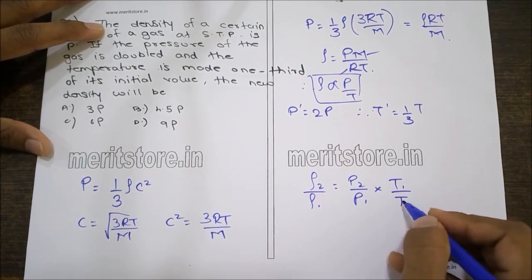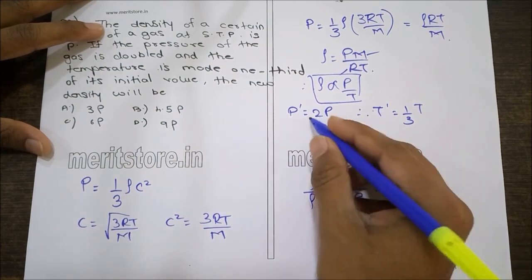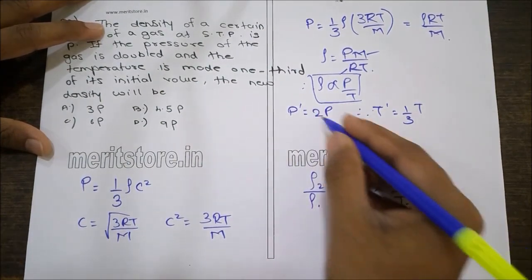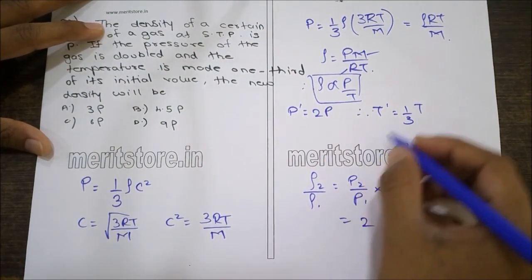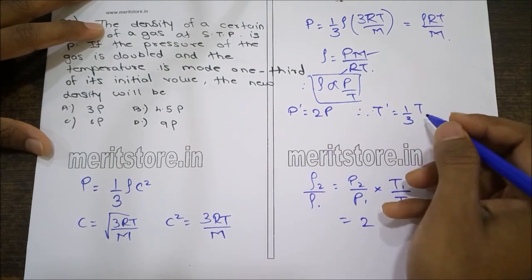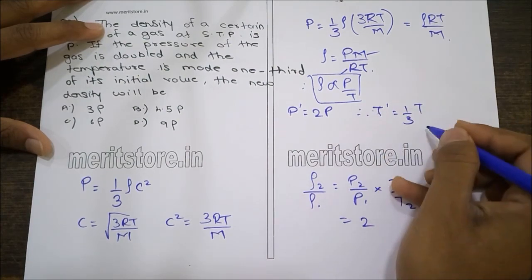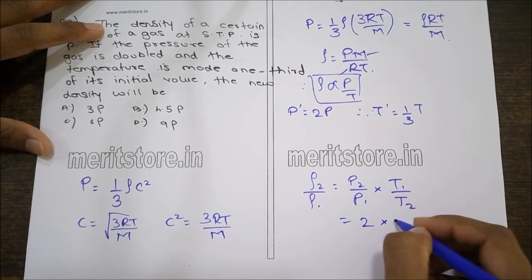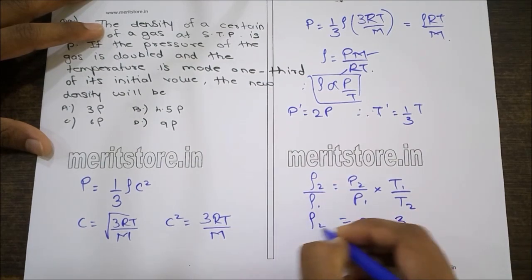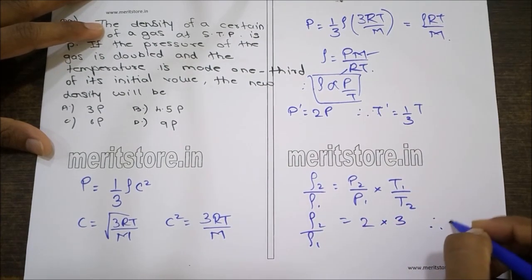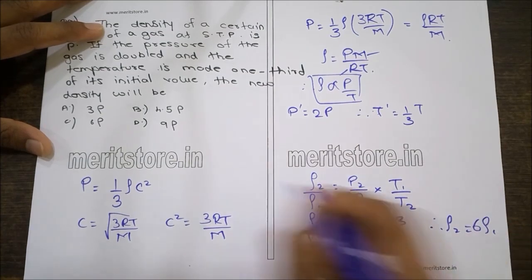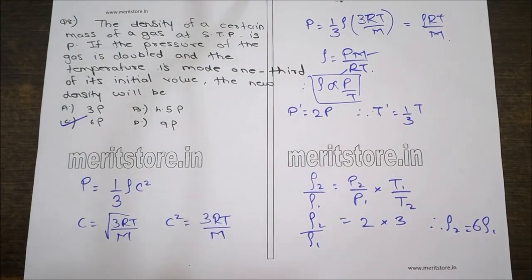Now P dash is 2 times P1, so 2, and T upon T dash would be 3. So 2 into 3 is rho 2 upon rho 1. Therefore rho 2 is equal to 6 times rho 1. Hence option C is the correct answer.